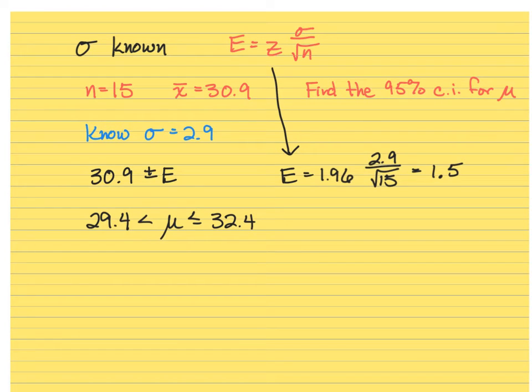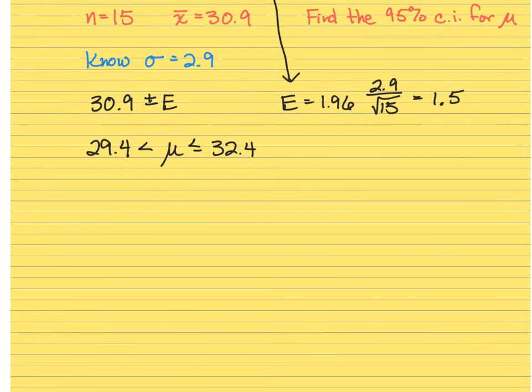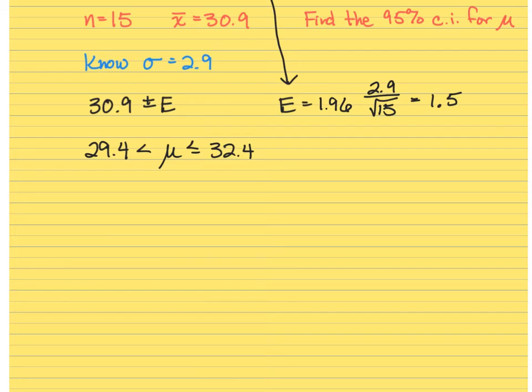Now, that gives you your confidence interval. I'll just mention this because we had those two kind of odd formulas. Suppose I gave you the confidence interval, and I wanted you to find the sample mean that was used to create it.